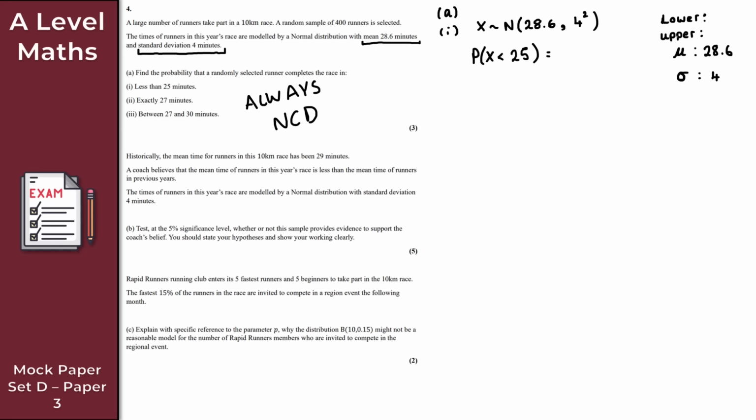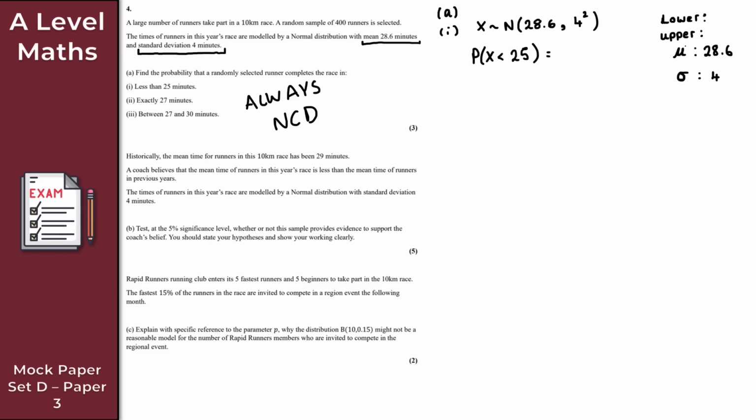Now for the lower and the upper, that is dependent on the context of the question and the probability that you want to find. So what I want here is the probability that x is less than 25, right? So if it's less than 25, this number goes into the upper. And if it was greater than 25, then that number would go into the lower. So just be careful that you get it the correct way around.